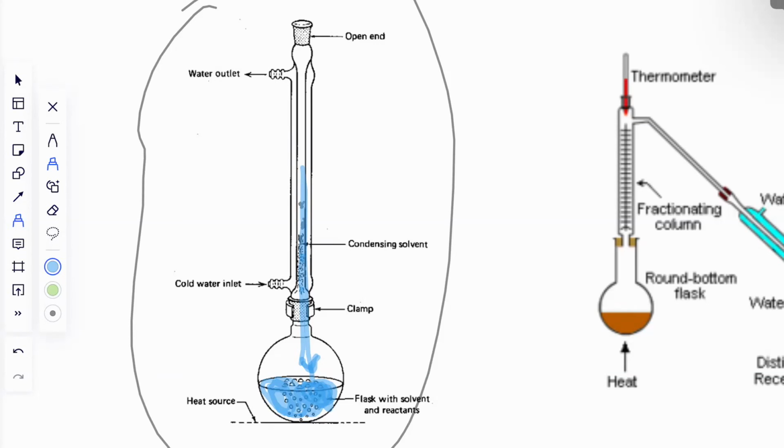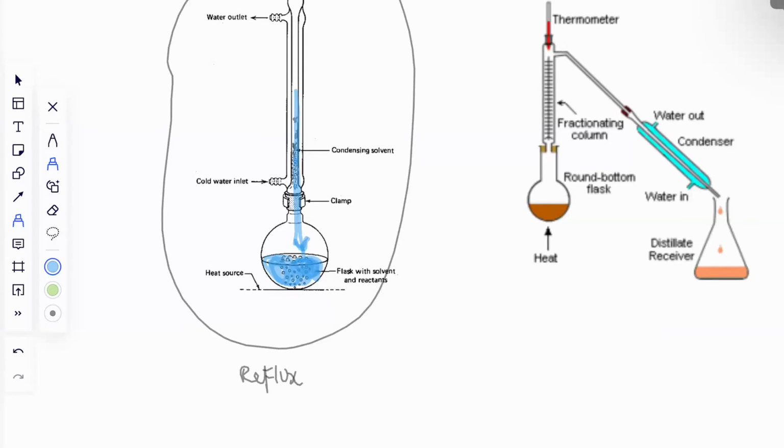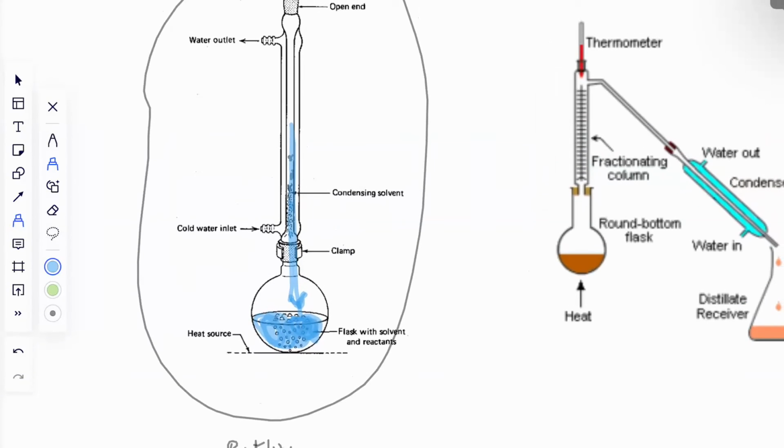So any aldehyde you have will be forced to convert to carboxylic acid. This process is called reflux. This is if you want carboxylic acid. Will it be pure? It's almost pure, almost 100%, but not quite.